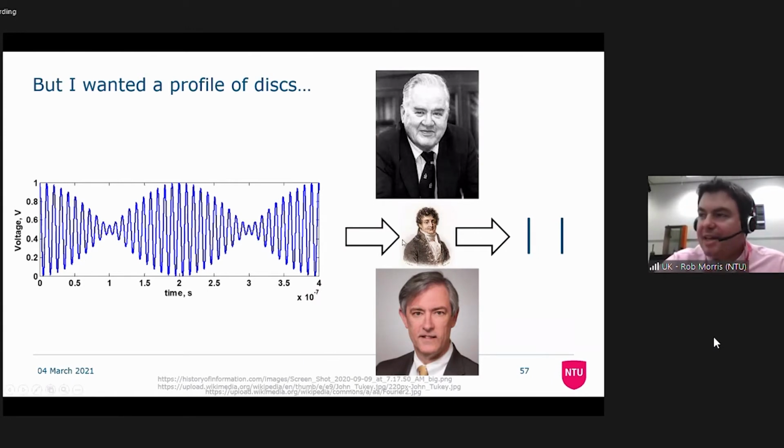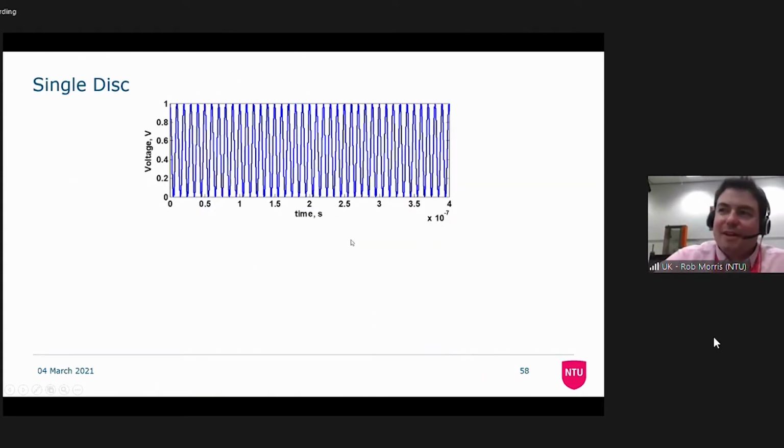These are Tukey and Cooley, and they came up with what we call the fast Fourier transform, which is a useful way of taking some signals. We just do it in MATLAB. You take some signals, you tell it to do a fast Fourier transform, and a spectrum comes out of the other side. That's thanks to them and several other people, rather than Fourier, although we still call it a Fourier transform.